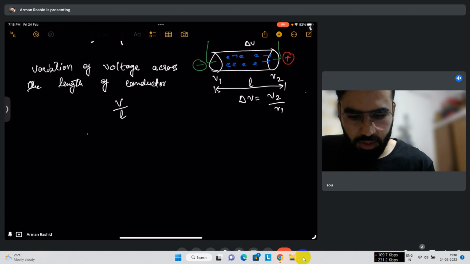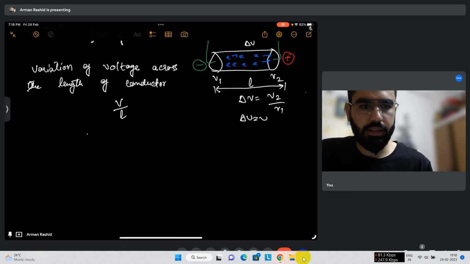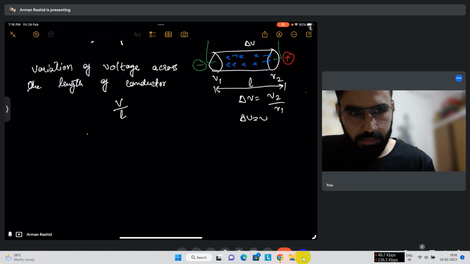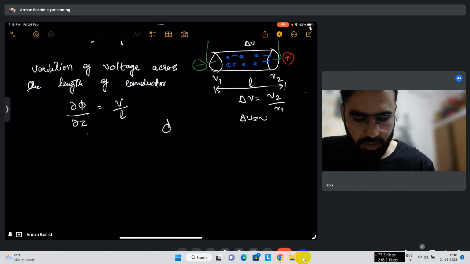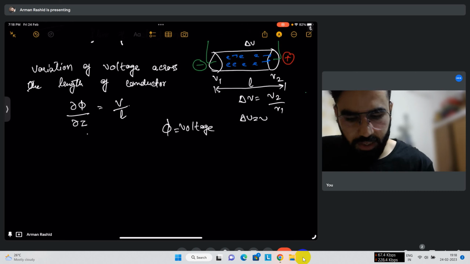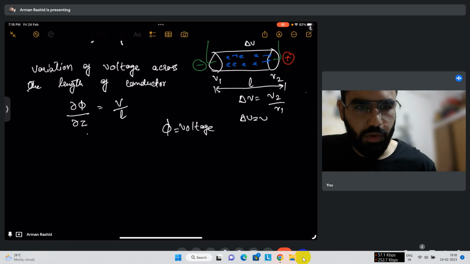Okay, so this is the total voltage fluctuation, delta V we have defined here as V, and L is the total length. This is also equivalent to delta phi by delta z, where phi is the voltage. This V is the total potential difference that is applied, and phi is the voltage.